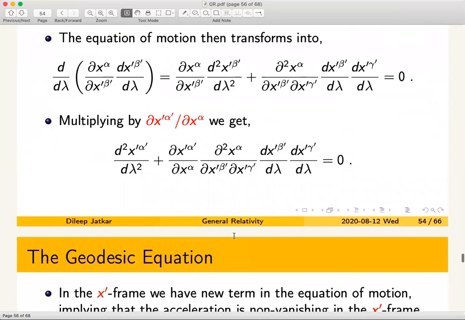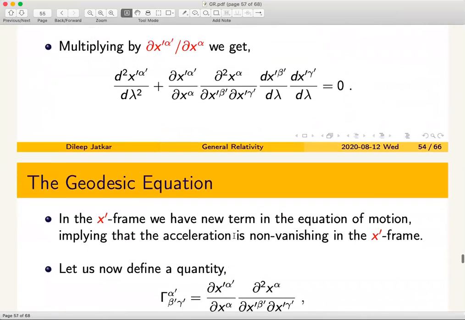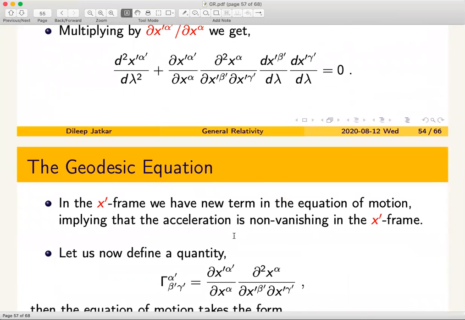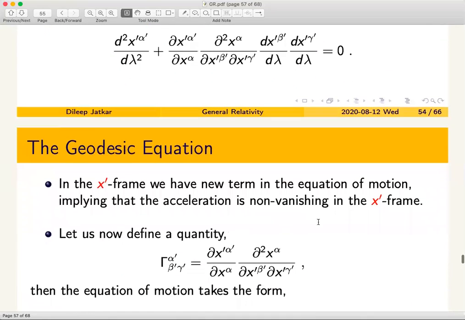So what do we learn from this? Let's do the following. Let's define a new quantity, which we will call gamma alpha prime beta prime gamma prime, to be whatever this piece sitting around here is. Remember, the first piece equal to 0 would have been the original coordinate system equation, and we would have been happier to have it in that form.